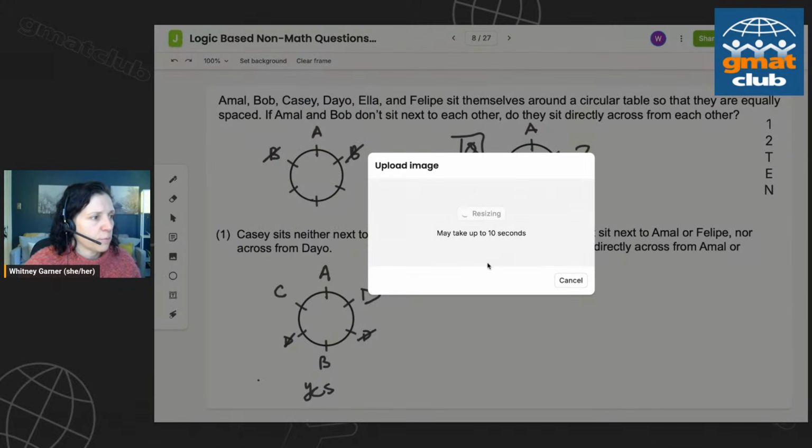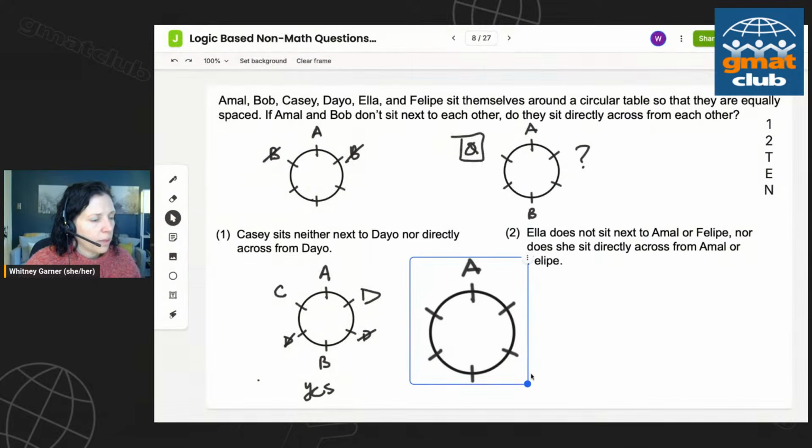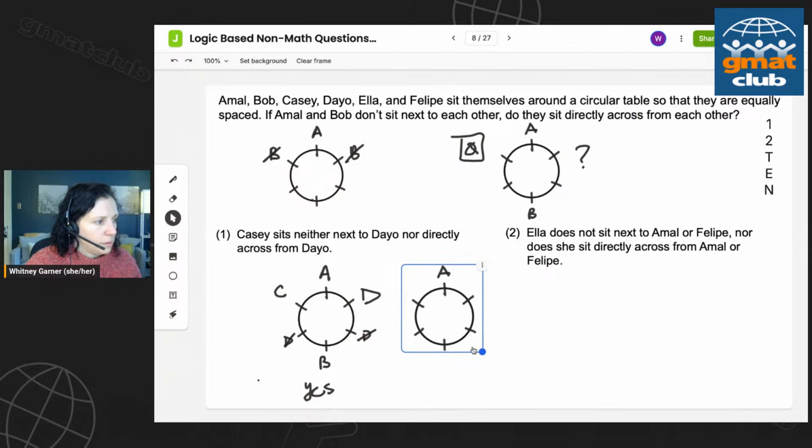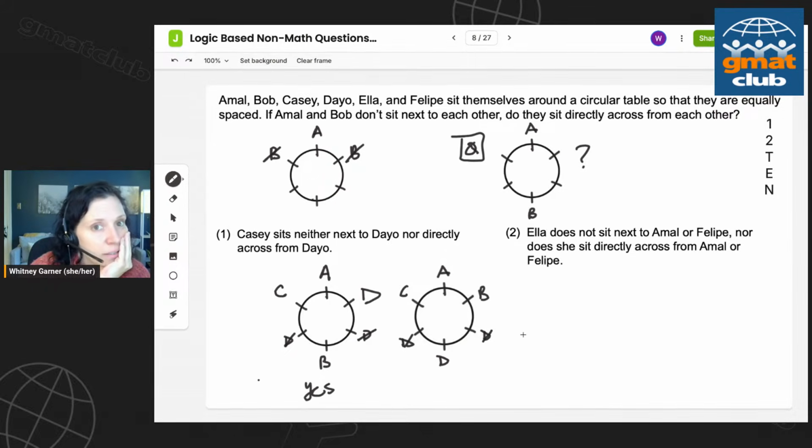So we may need to take some room and get statement 2 out of the way a little bit. So if this is Casey, it's not Deo, that's not Deo. If I put Deo here, that would stick Bob there, and that's not allowed. Right? Bob's not allowed to go there.